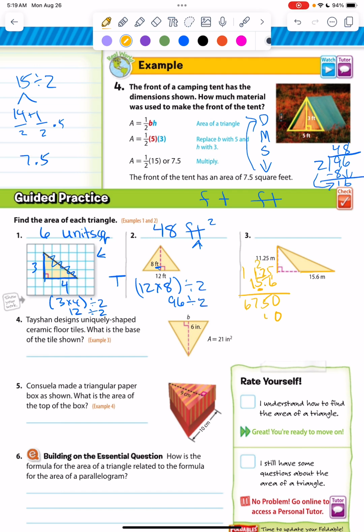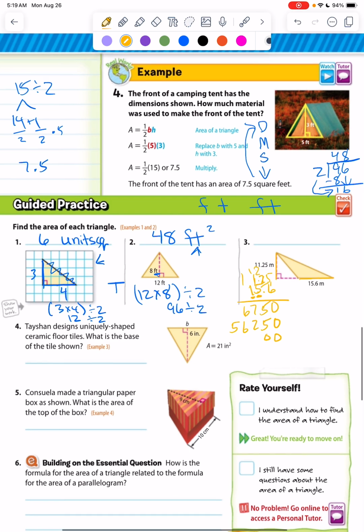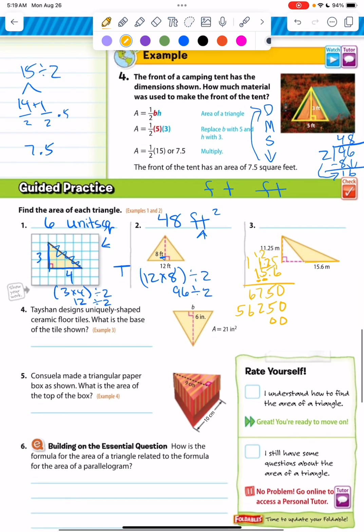Okay, 25. 5 times 2 is 10, plus 2 is 12. 5 times 1 is 5, plus 1 is 6. 5 times 1 is 5. Now we're moving over 2 place values, so we put 2 zeros. And this is a 1, so 1 times 11.25.